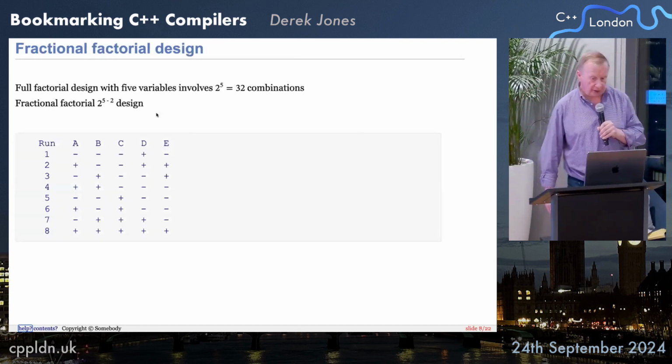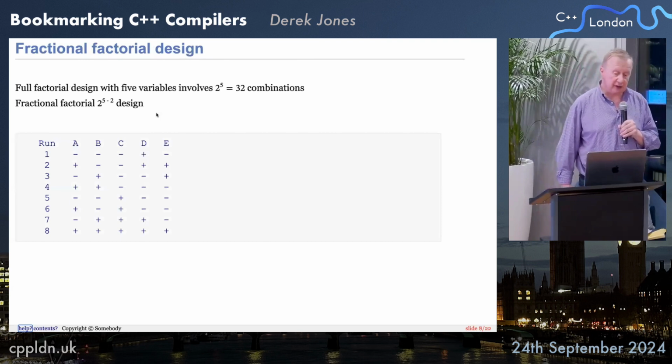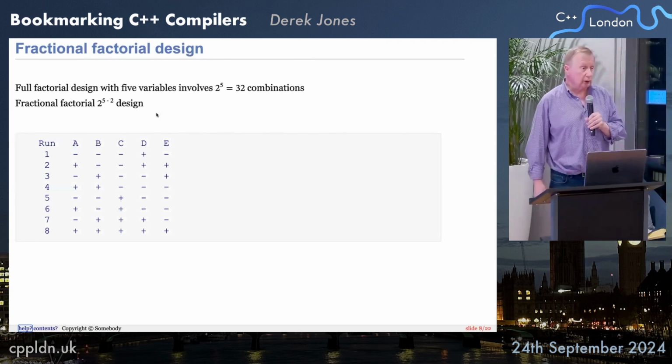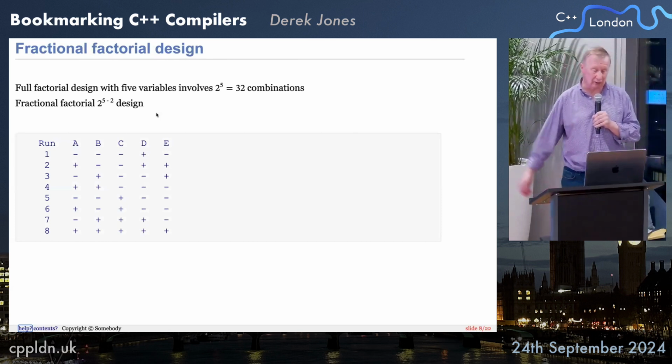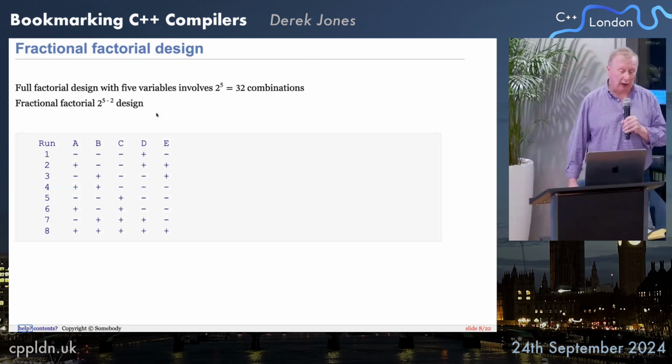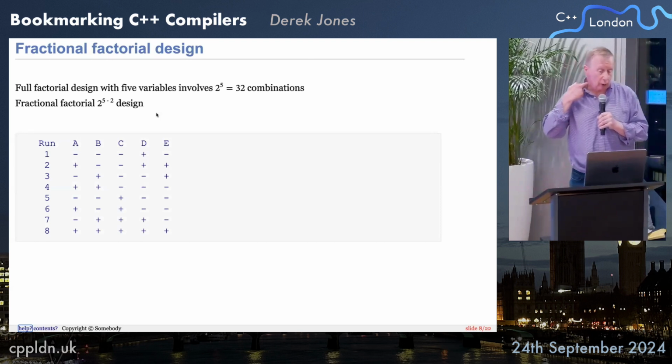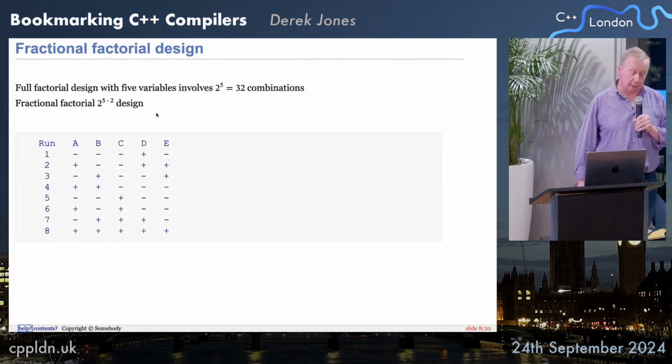I have an example here. If there were 5 variables, there would be 32 different combinations of those variables, which might be too many for you to run. It would take a long time to run the benchmark. So one way is to run something called a fractional factorial experiment, where there would only be 8 possibilities.